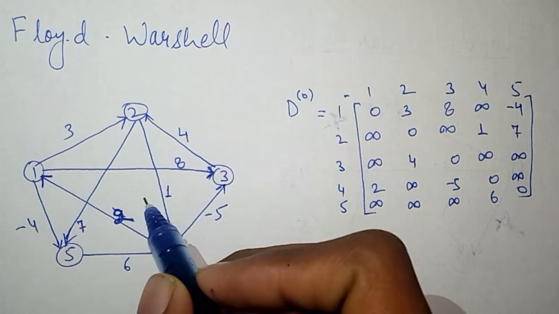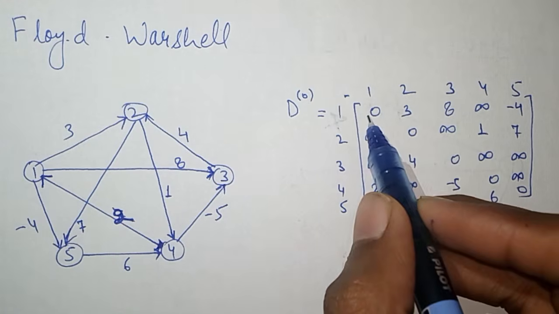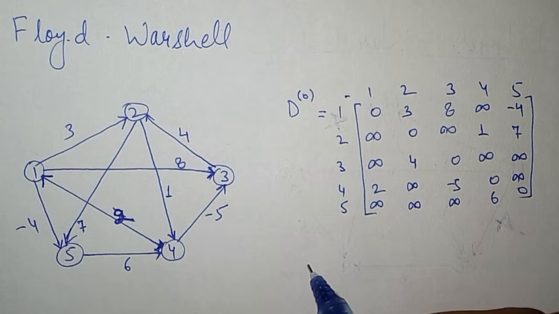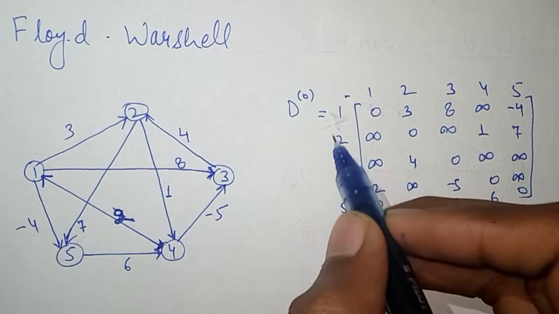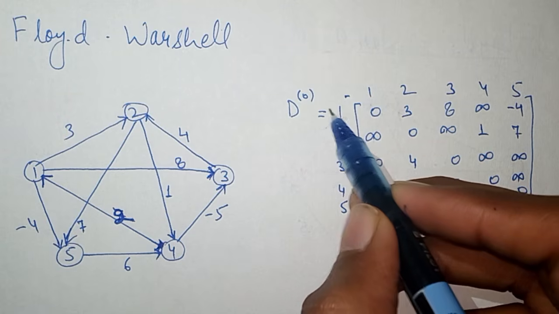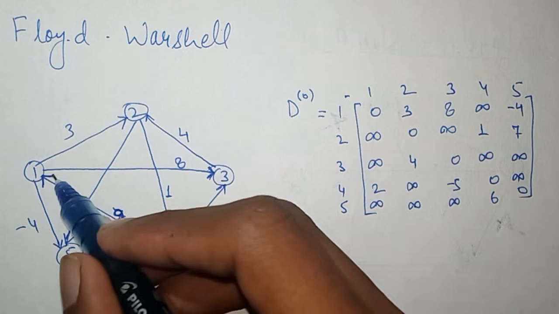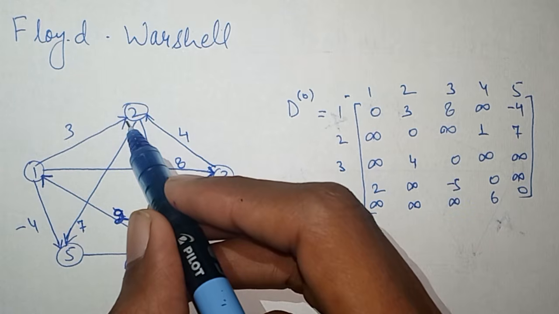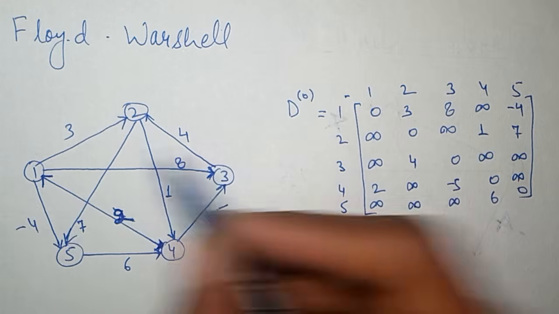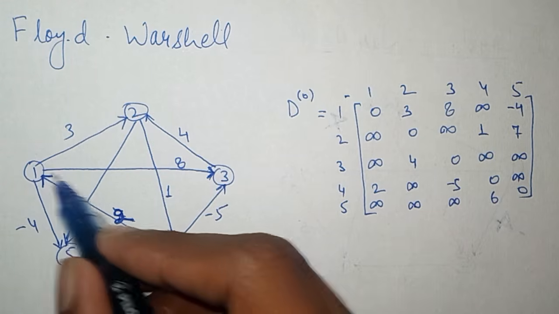For this graph, the matrix D0 can be drawn very easily, and the diagonal elements of the D0 matrix will be 0. The other elements of the D0 matrix can be found by using the graph. Element (1, 2) is 3 because the graph has a weight of 3 from node 1 to node 2, and (1, 3) is 8 because the graph has a weight of 8 from 1 to 3.